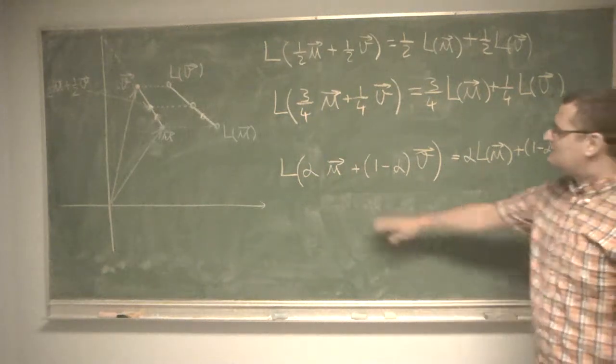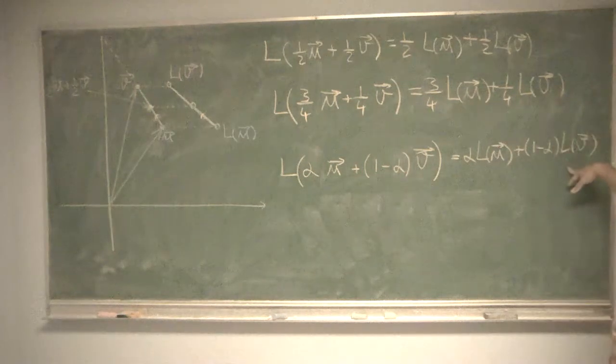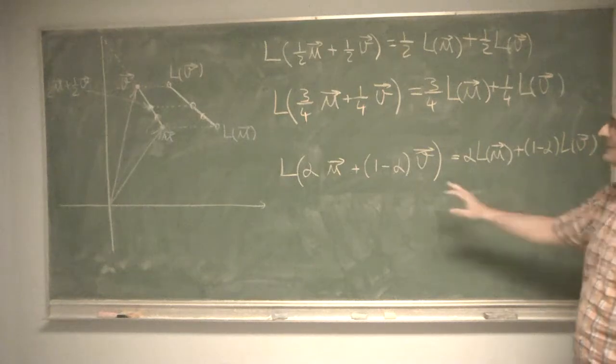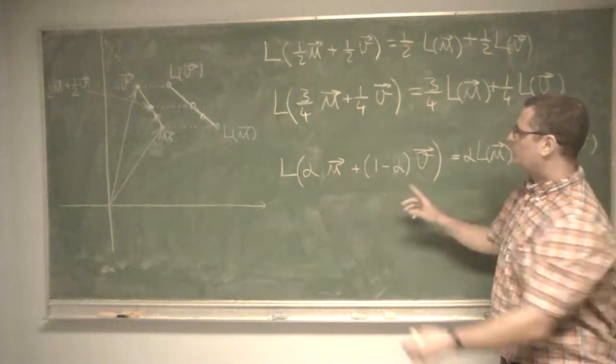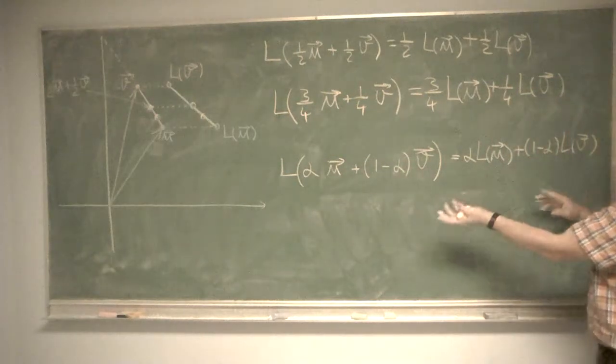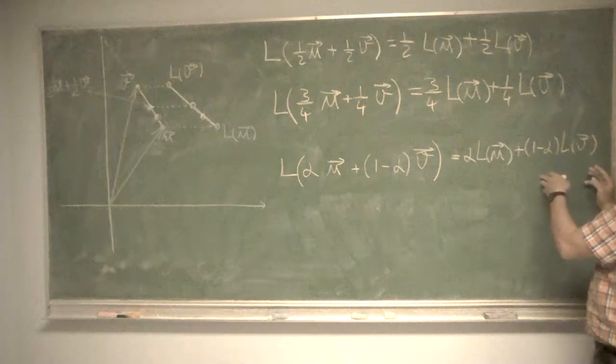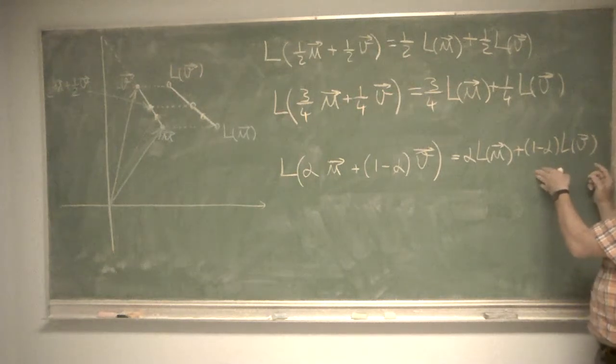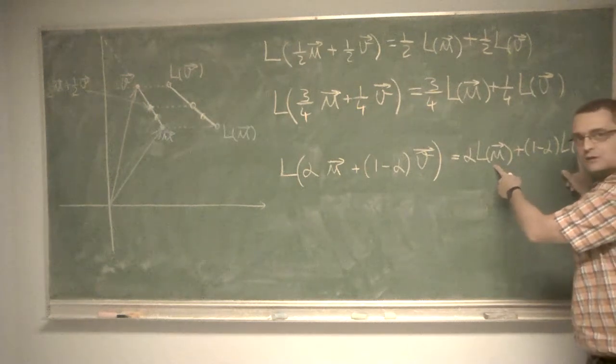Okay? And so this property is actually a line preserving property. It actually means that what is on the line through points u and v gets mapped to something that is on the line through points L of u and L of v.